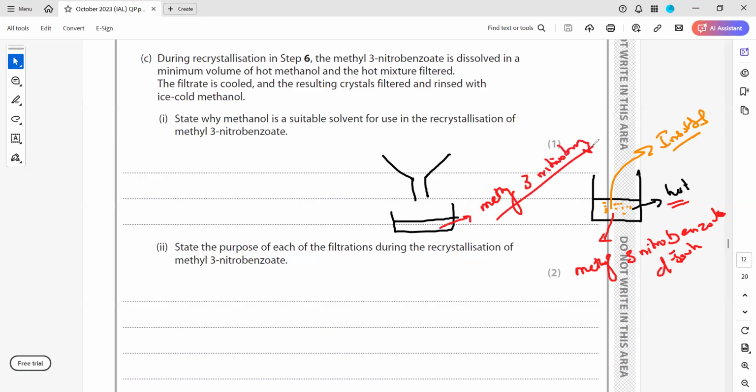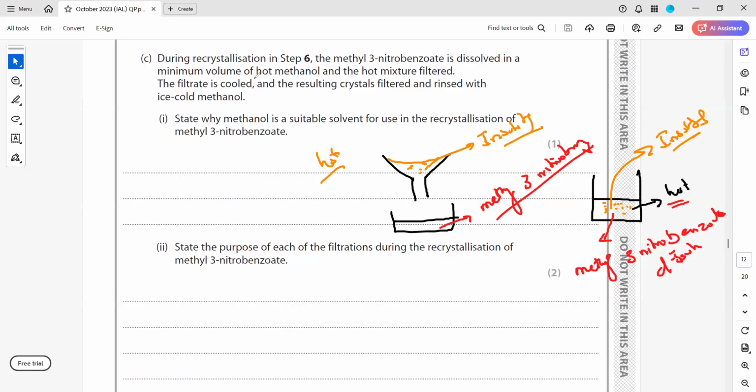The soluble methyl 3 nitrobenzoate will pass through, and what is left on the filter paper? The insoluble substances. So what is the purpose of the hot filtration? When the filtrate is hot, the insoluble substances will be left on the filter paper and the soluble substances will pass through, including methyl 3 nitrobenzoate.